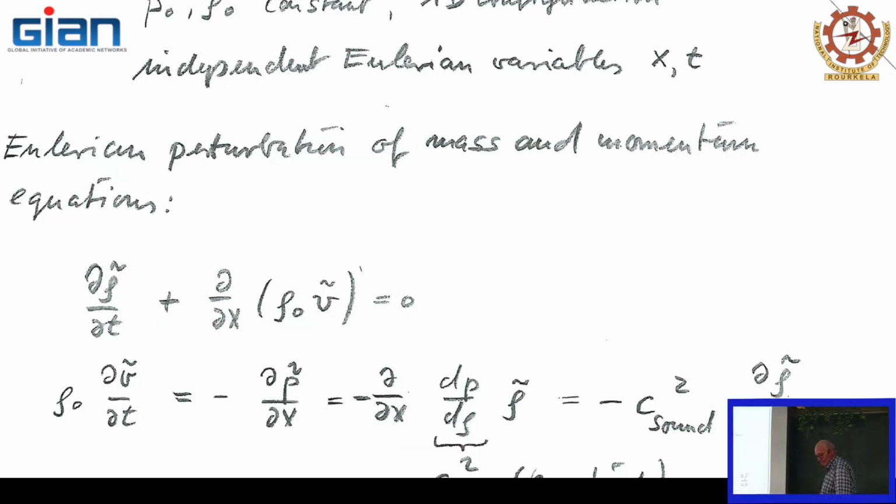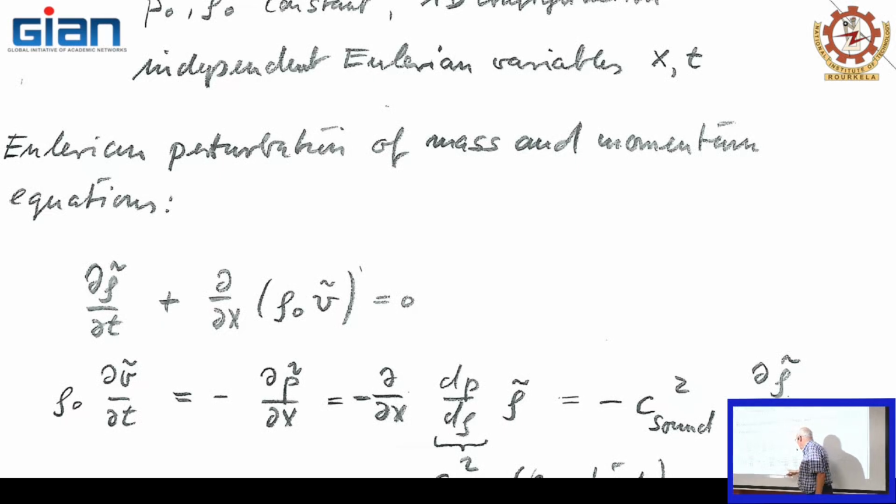We assume that pressure depends only on density. P is only a function of density. This can be done, for instance, if we assume that the changes of state are fast enough that we have an adiabatic change of state, then the pressure is only a function of density, and we can write it in terms of the density only.